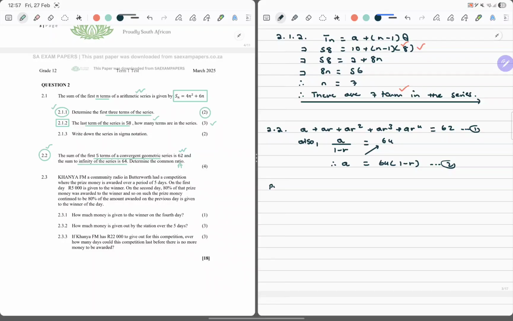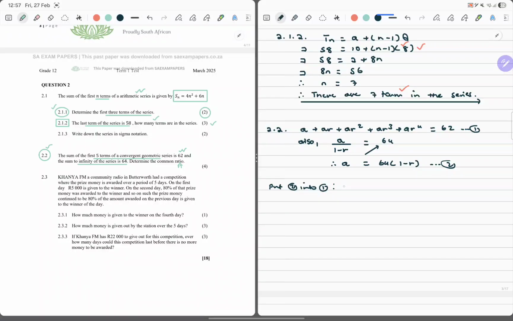Now what we want is to put 2 into 1. Let's see what happens. Now we can already see that this 64 into 1 minus R is going to replace A, but I don't like the way that situation looks.